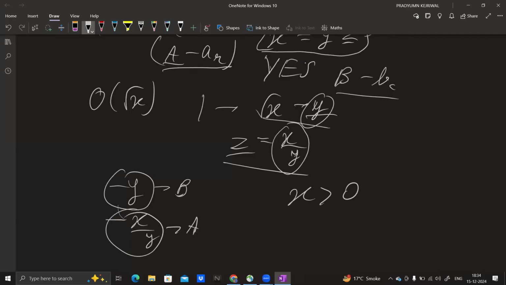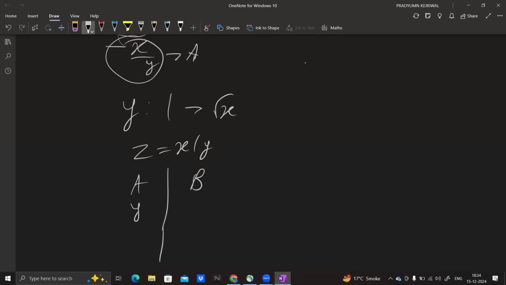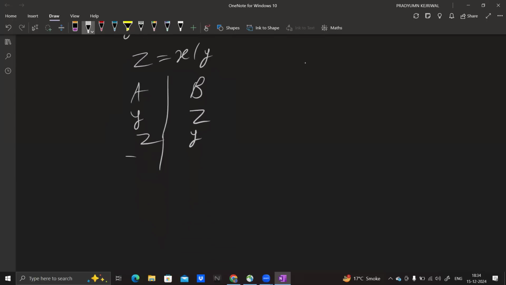So basically, I have to search for four things. Suppose I am iterating over 1 to root x. Then I have to check for, let's say, z equal to x by y. Then I have to check in a and b. I have to check for y and z, z and y, minus y minus z, and minus z minus y. So out of these four, if any one is present in the array, then I can just say that yes, I can make the x.